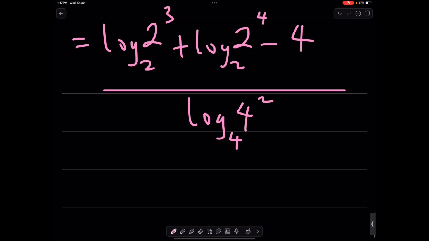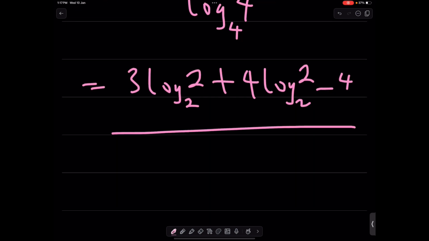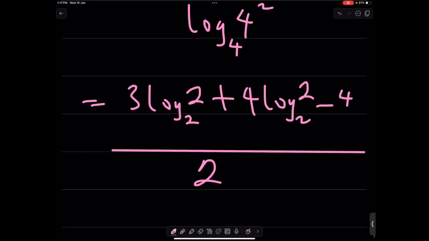And now the next step will be 3 log 2 base 2 plus 4 log 2 base 2 minus 4, all over 2 log 4 base 4.